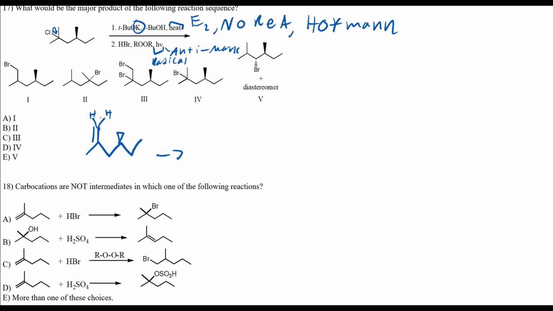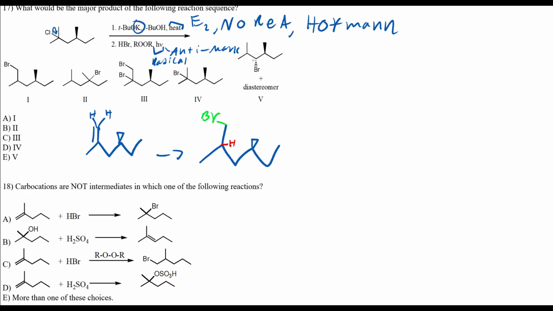Anti-Mark says that my added H is going to go in the location where it has the least amount of friends. So this carbon has no hydrogens. That must mean that my product is going to look like this. And let's put my Br over here. All right, so that should be it, right?